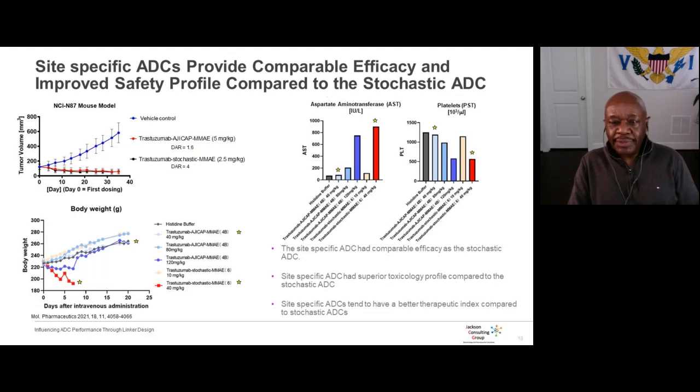The same trend is also seen for platelets, where the site-specific does not result in a significant decrease in platelets, while the stochastic conjugation methodology does. So this data tells you that you can probably get a better therapeutic index, at least preclinically and hopefully clinically, from using not only this type of technology, but perhaps site-specific technologies in general.